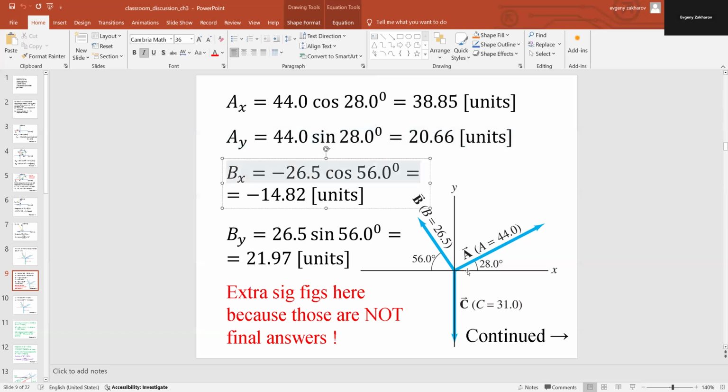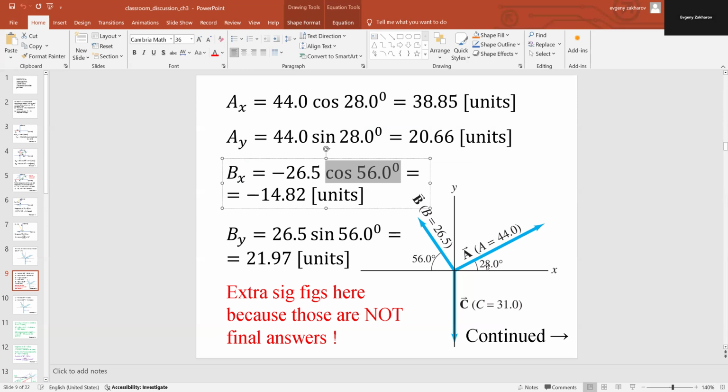For vector B, we got B sub x, and right away, what do you see? You see that the component is pointing in the opposite direction. Your positive x is to the right, and your B sub x is to the left, which makes it negative. And this side is still adjacent to 56 degrees, so now it is a cosine of 56 degrees, not 28.